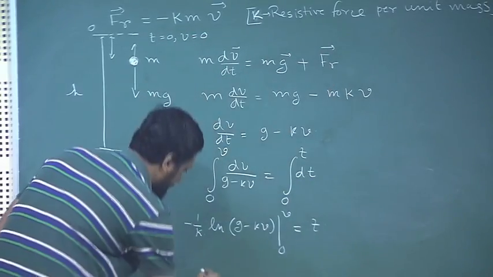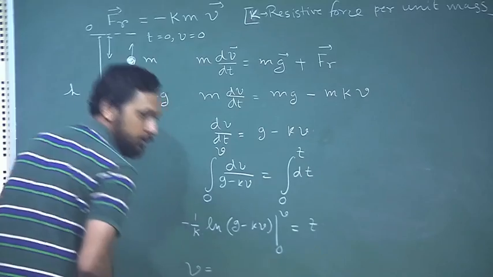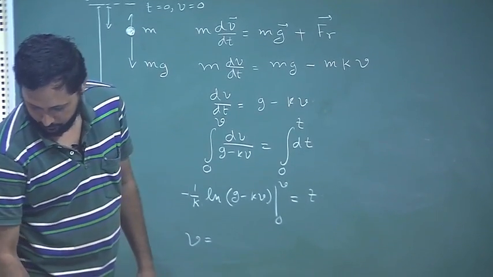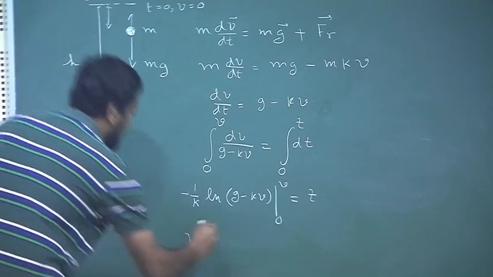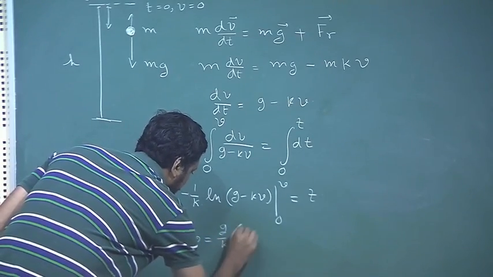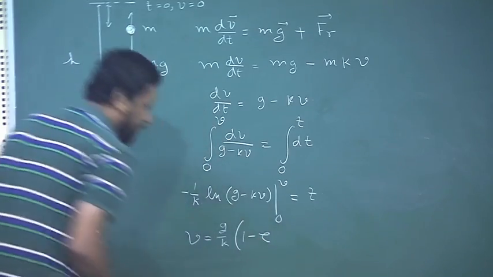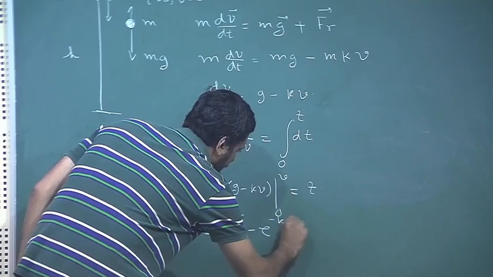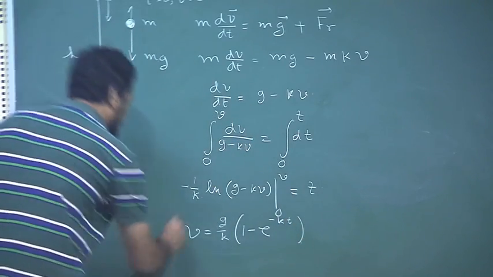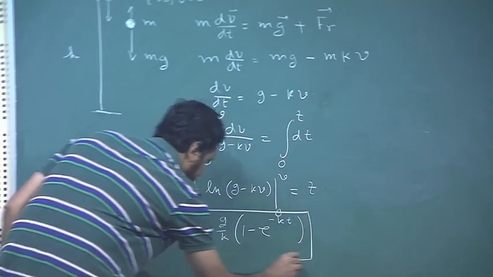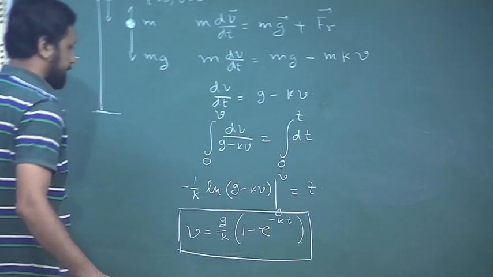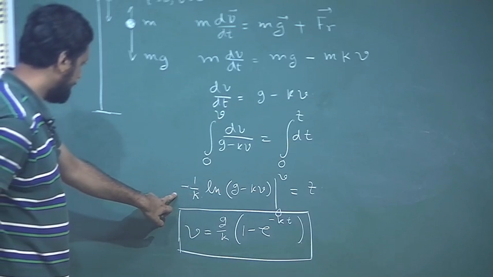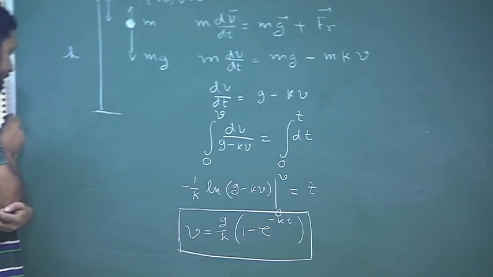So, v will be equal to g by k times 1 minus e to the power minus kt. So, this is my final expression.